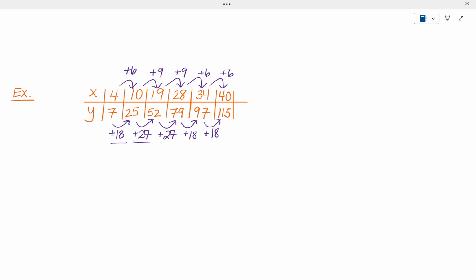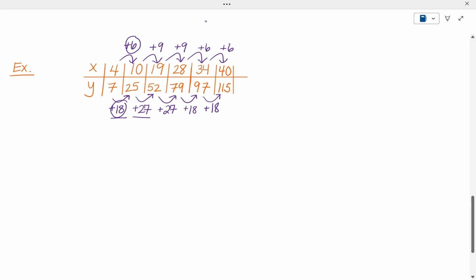So what you have to do is go through and take each pair of change in x and change in y, divide them, and check to make sure that all of the changes are equal to each other. And if they are equal to each other, then it is a linear pattern, and you will have found your slope that way too.